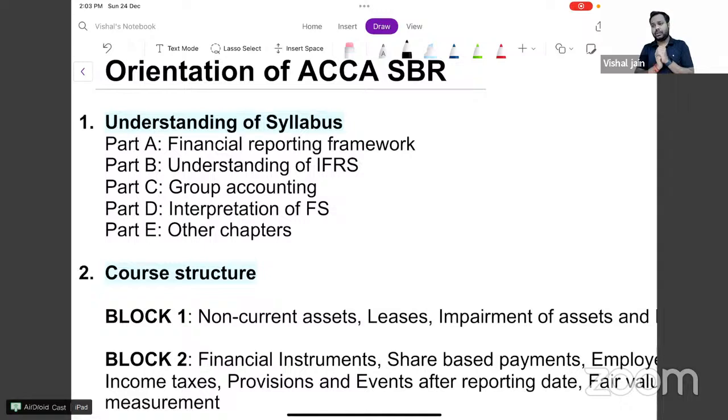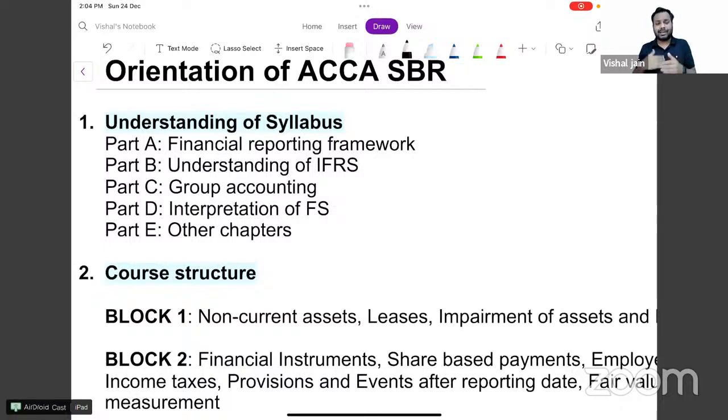At FR level also we study the framework, and we have a basic understanding of what exactly a framework is. For students who don't know, the framework gives us the answers to accounting treatments which are nowhere discussed in any accounting standards, be it IAS or IFRS.